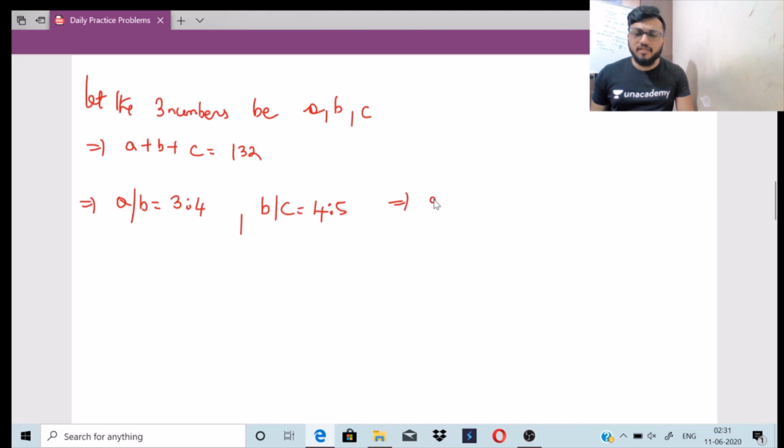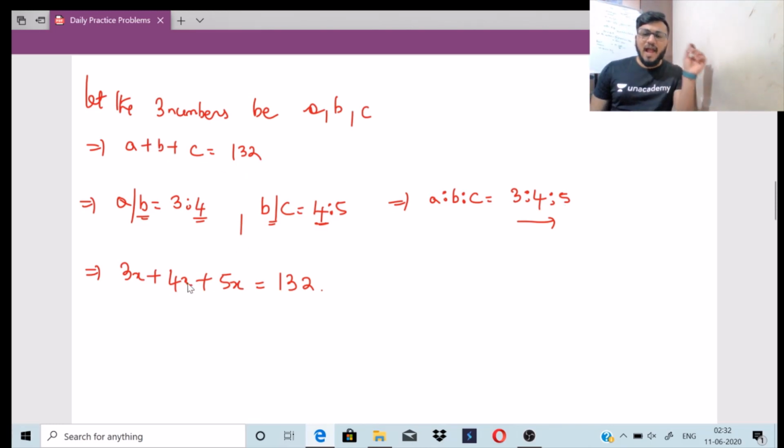So I can cumulatively write this ratio as A:B:C as 3:4:5 because B is common in both the ratios. So let me add a variable x and write 3x plus 4x plus 5x equals 132, because A is 3, B is 4 and C is 5.